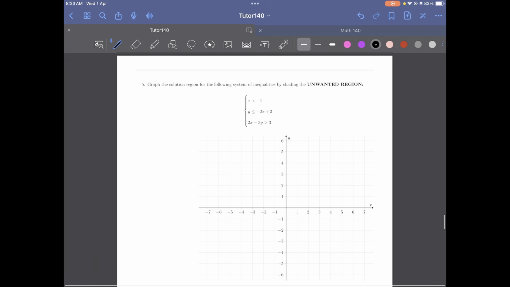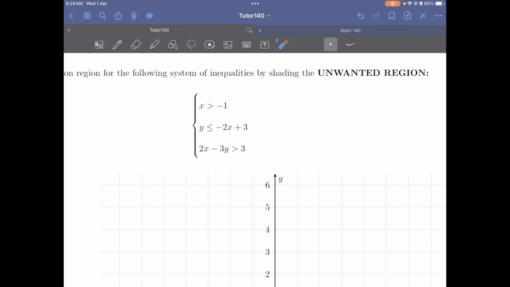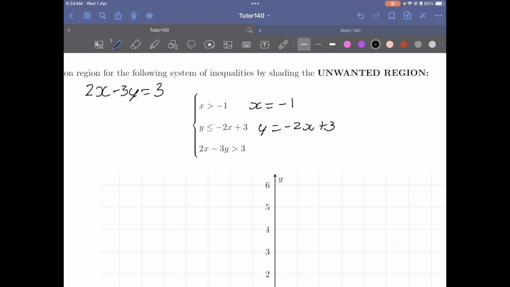Graph the solution region for the following system of inequalities by shading the unwanted region. Okay, so first we're going to graph x is equal to -1, y is equal to -2x + 3. We're going to solve this last one for y. So that's 2x. We're going to set up 2x - 3y is equal to 3, and then we're going to solve for y.